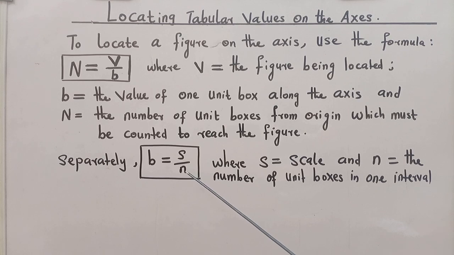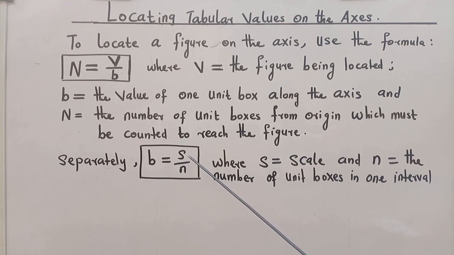To start with, this n is the number of unit boxes in one interval. Recall that once a graph page is written, n is fixed already. The graph page we're using has 10 unit boxes to make one interval. It is a 2 cm interval. Therefore, n, for our foregoing case, is equal to 10.